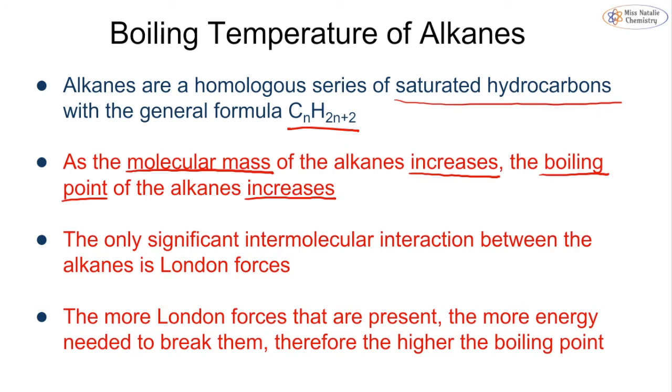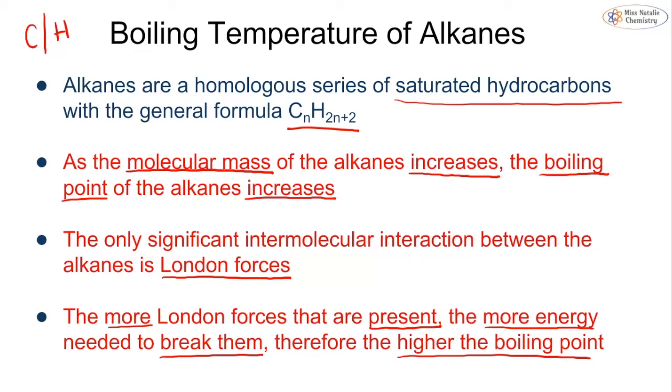Now when we're thinking about alkanes, of course they are hydrocarbons, so they only contain carbon and hydrogen, so we're not going to have any hydrogen bonding and we are not going to have any permanent dipoles. So the only significant intermolecular attraction here are London forces. The more London forces that are present, then the more energy is needed to break those, and therefore the higher the boiling point.